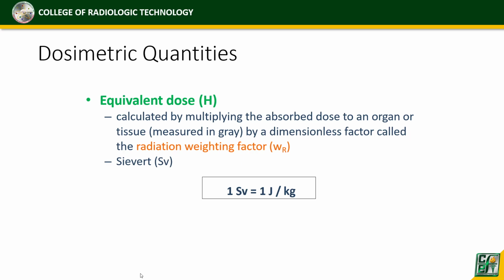Let me check. Okay. So, tissue weighting factor natin, for gonads, it is 0.20. Active bone marrow is 0.12. Colon 0.12. Lung, stomach 0.12. Bladder, breast, esophagus, liver, thyroid ay 0.05. Bone surface and skin ay 0.01.